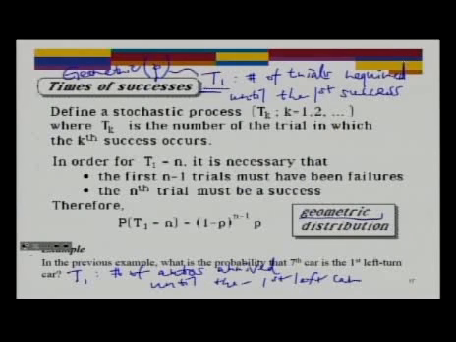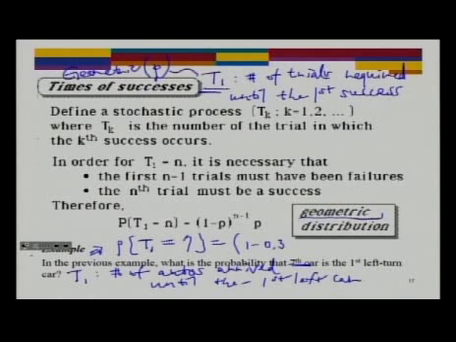So in that case, what is the desired probability? That's going to be the probability that T1 has to be equal to 7, right? Because we want to know the probability that the seventh car is the first left-turn car. Is that right? So in that case, using the same formula, (1 minus 0.3) to the 7 minus 1, because the first 6 cars will not turn left.